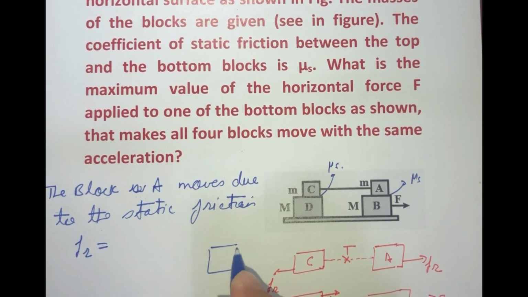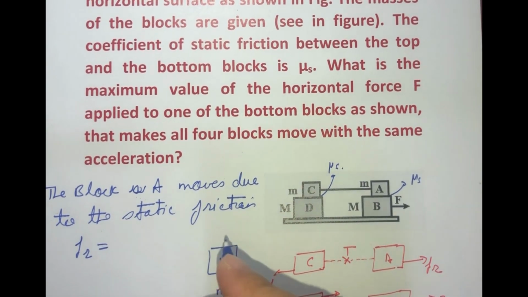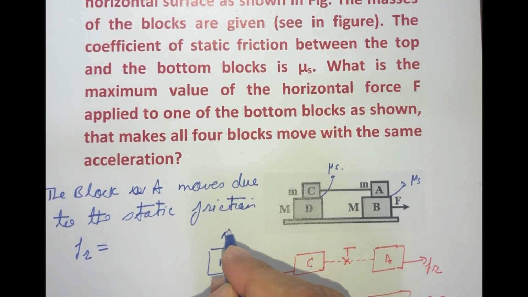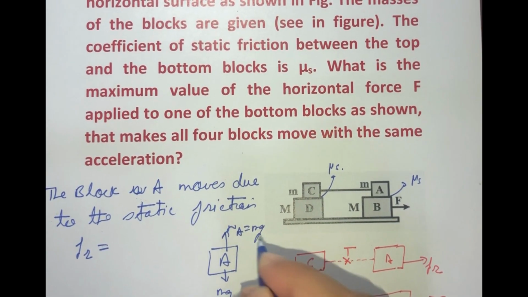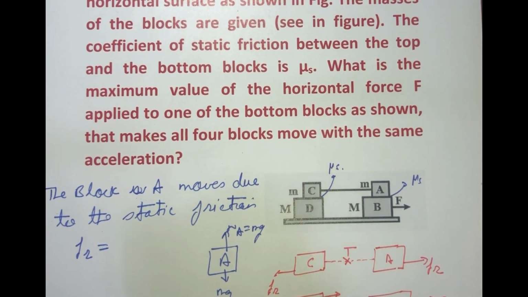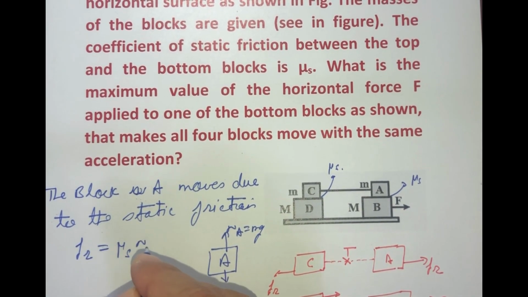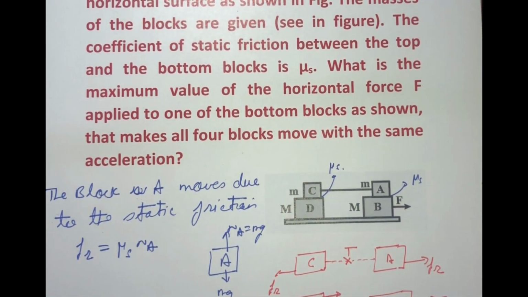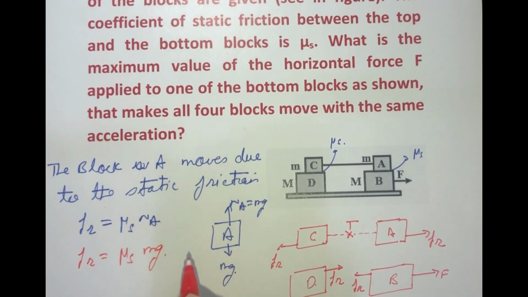Suppose this is our block A, and we have mg in the downward direction, and let us suppose there is a normal Na, so Na will be equal to mg, and there is a force Fr. So Fr will be nothing but mu s into Na, and Na is equal to mg. So we can say that our Fr will be equal to mu s times mg.